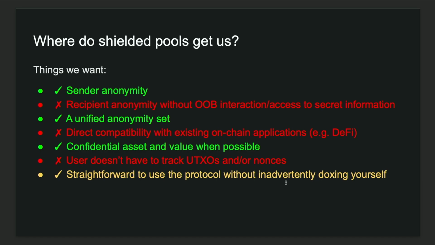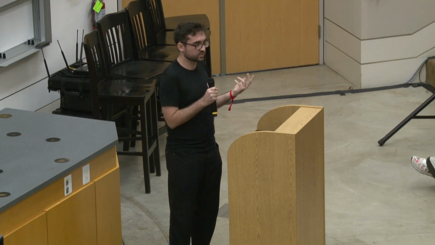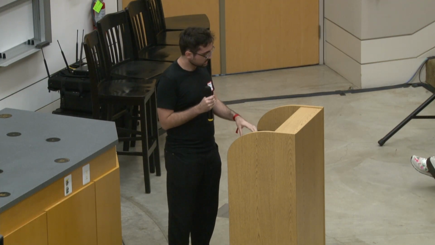In practice, the note either has the nullifier itself, which is supposed to be secret, or it has something called a nullifying key in the note, which has to be secret, or it has some other kind of secret information in the note that cannot be revealed publicly on-chain and cannot be derived from public information on-chain. But at the same time, because the protocol is relatively simple, you can withdraw your funds and spend them. It's relatively straightforward to not dox yourself as long as you follow certain guidelines.